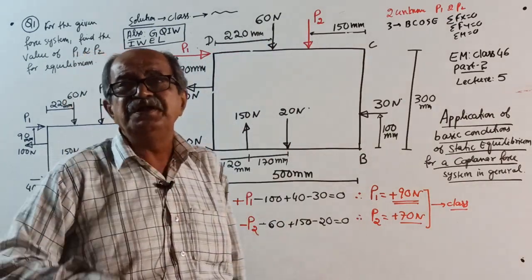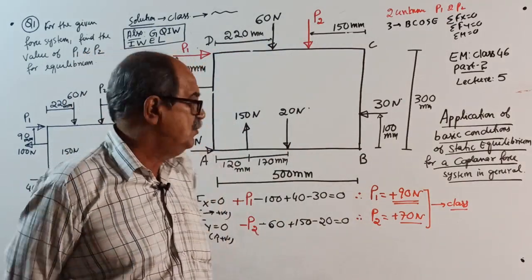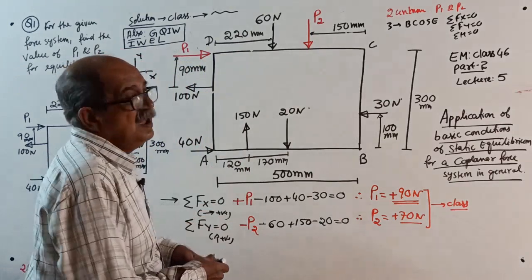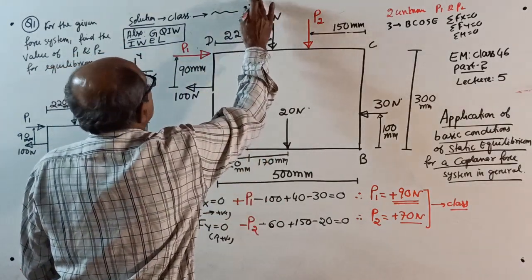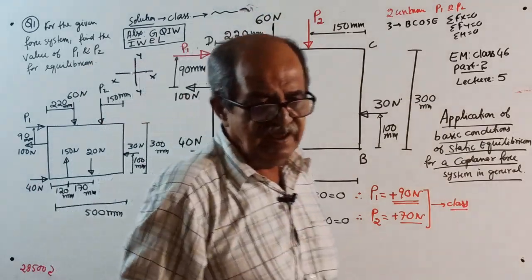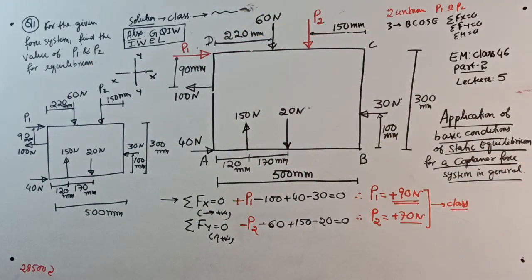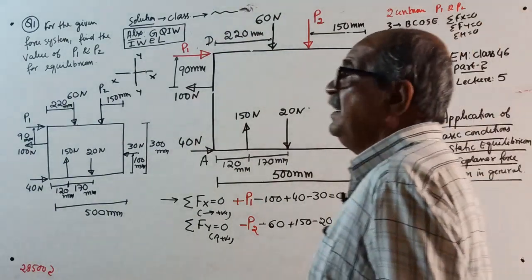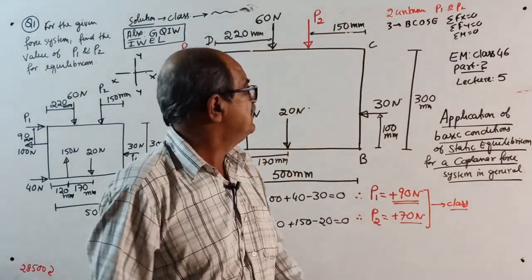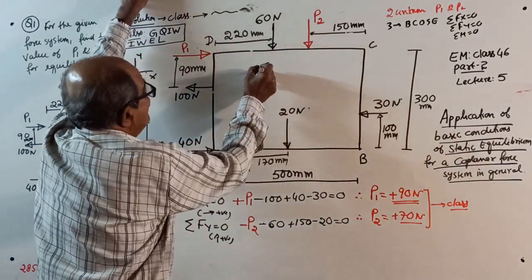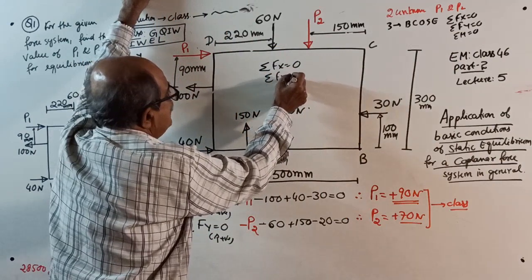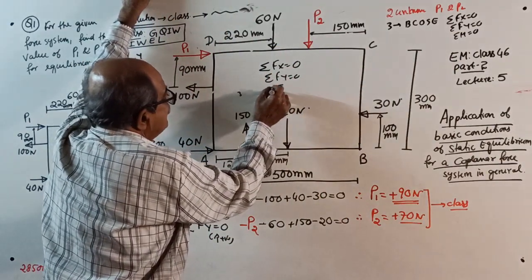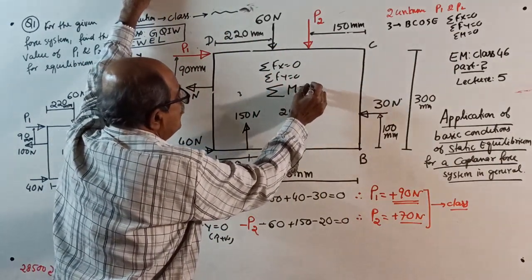But there is one more condition: sigma M = 0. I should check that space is not a problem and it doesn't go out of camera. Yes, it's okay. The third condition: first, sigma Fx = 0, already explained; second, sigma Fy = 0; third, sigma M = 0.